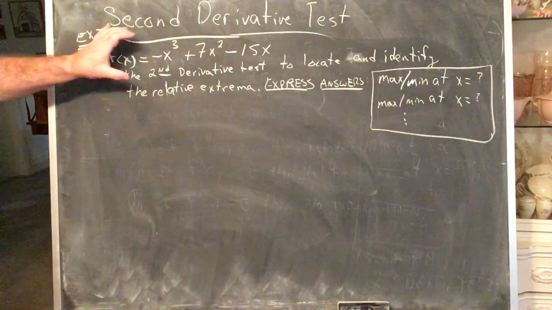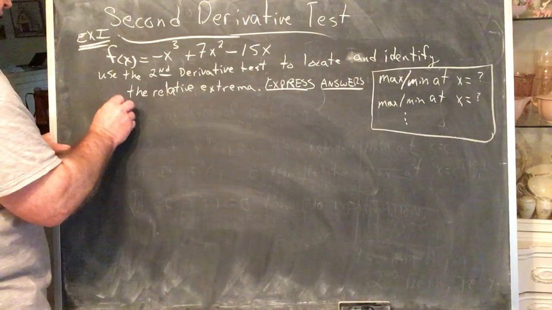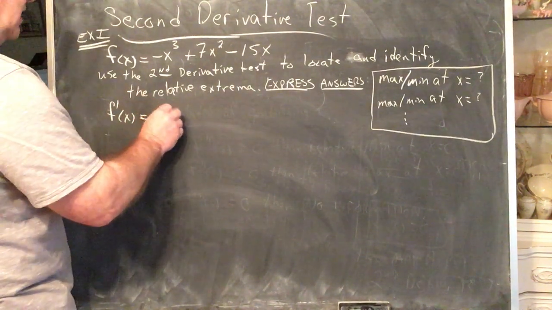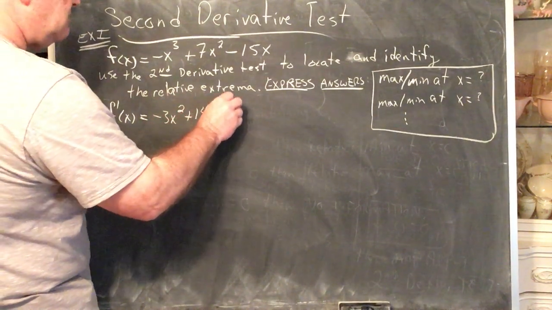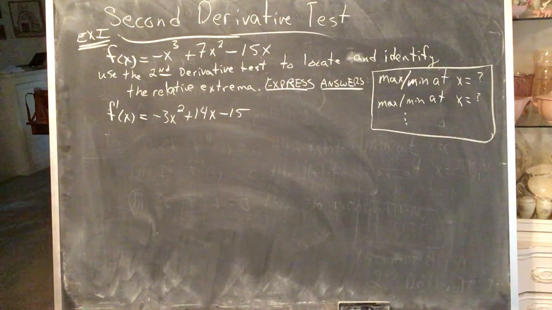So let's go through this particular function. What we're going to need is the first derivative. That's negative 3x squared plus 14x minus 15. We need the type 1 critical values from the first derivative.